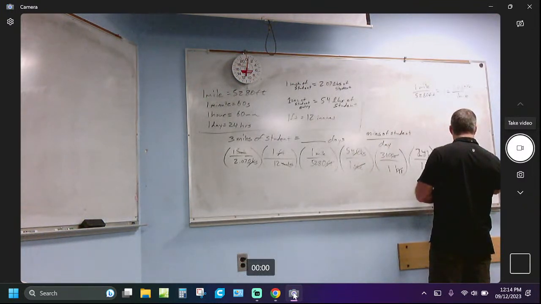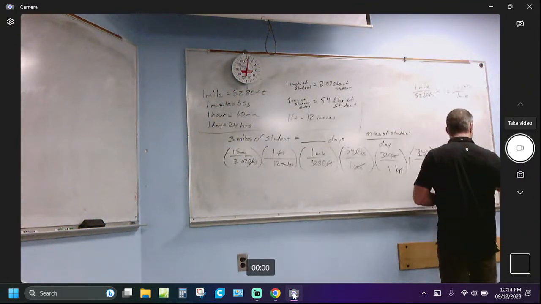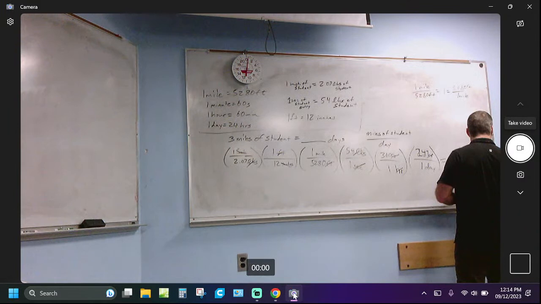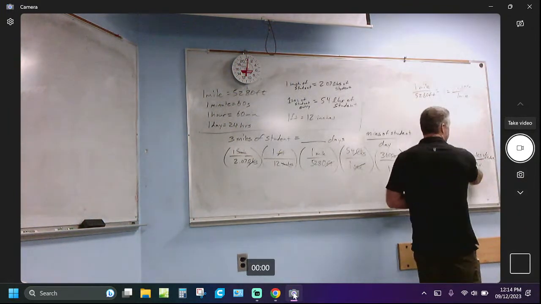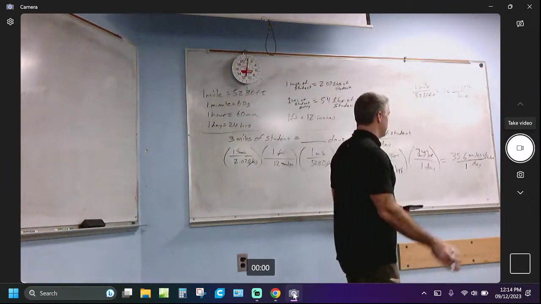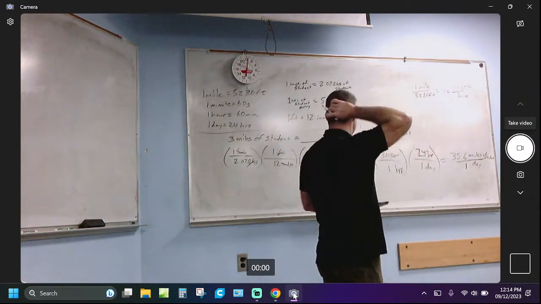I'm just going to call it 35.6 miles of student per day. That's my ratio. So miles of student for 1 day. So 1 day of students coming in the door gives me 35.6 miles.